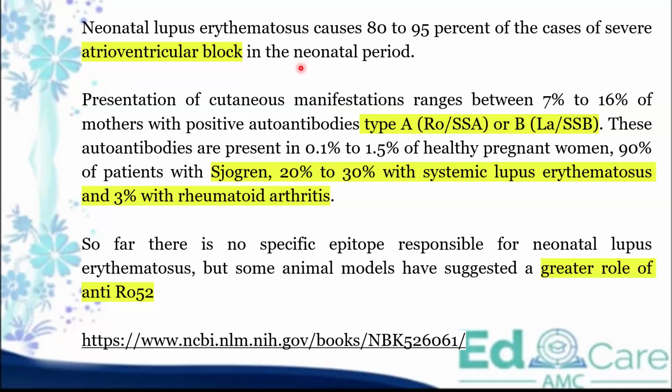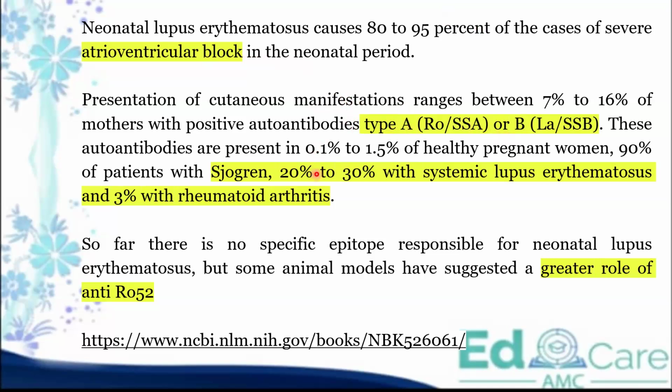So 80 to 95% of the cases of severe AV block occur in the neonatal period. Presentation of cutaneous manifestations ranges between 7 to 16% of the mothers who are positive for anti-Ro and anti-La.